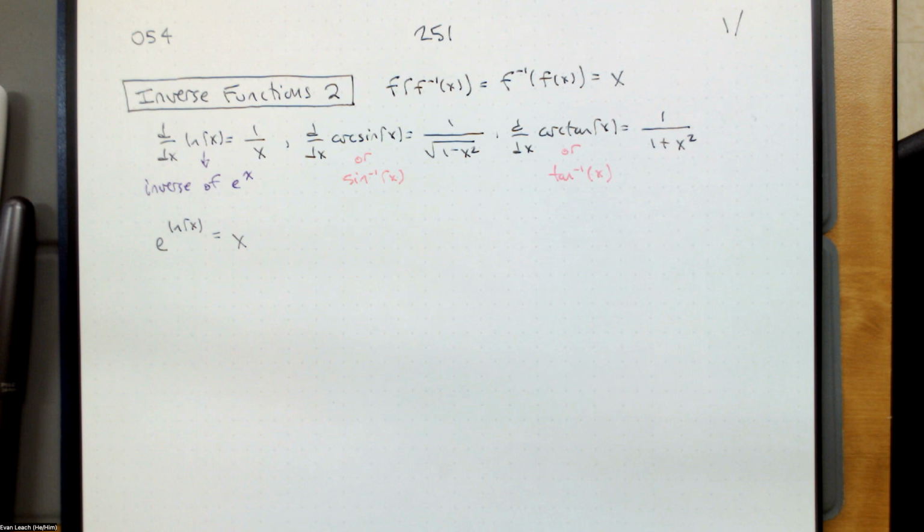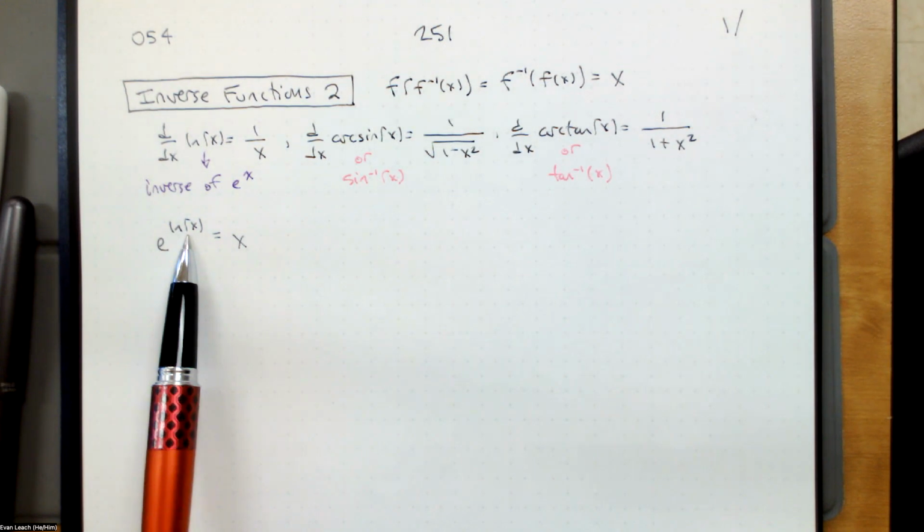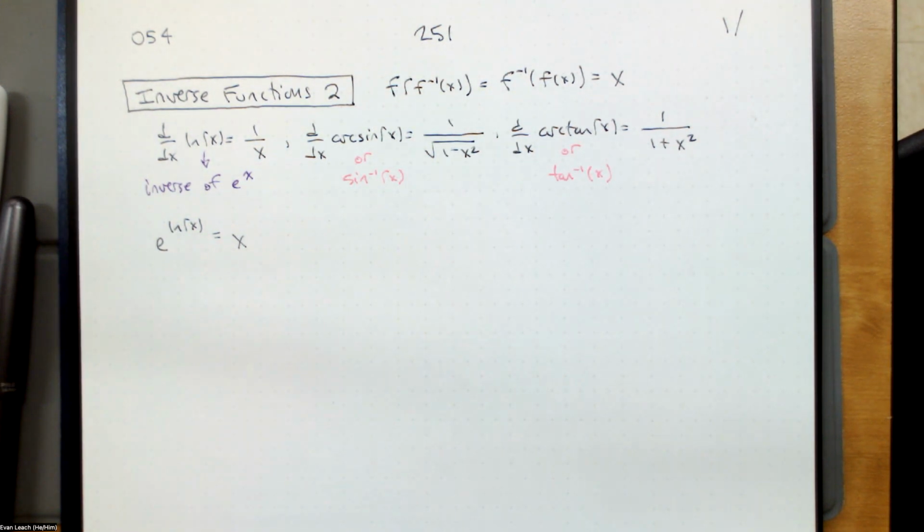Natural log is the logarithm base e. So natural log of x is the power of e that's equal to x. So it makes sense that if I take e and raise it to the power of e that's equal to x, I get x.